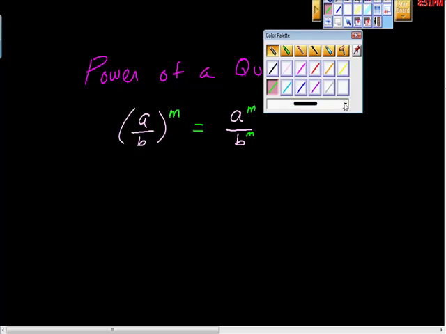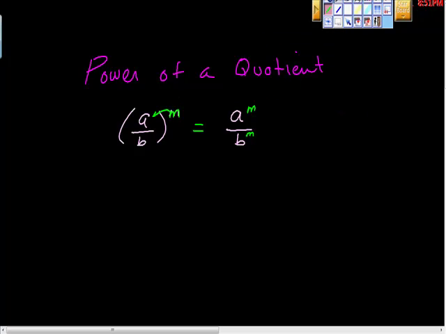And what we're supposed to get from this, really important, is to know that the exponents are distributive over division. And that's all I did there, okay?